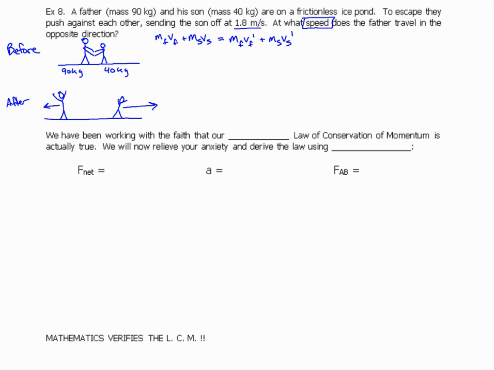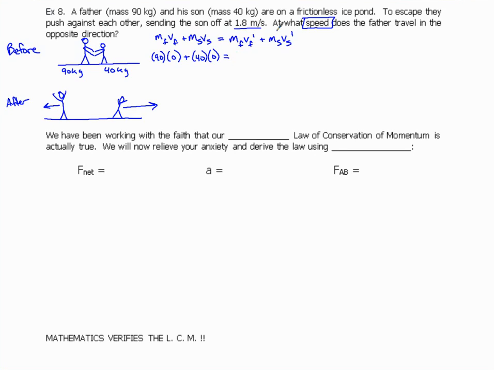So let's put in some numbers. Father's mass is 90. Initially, they are at rest on a frictionless ice pond, 0. Son's mass is 40, and the velocity initially is 0. Then they push each other. So we know a few things, and actually we left something out of our picture.